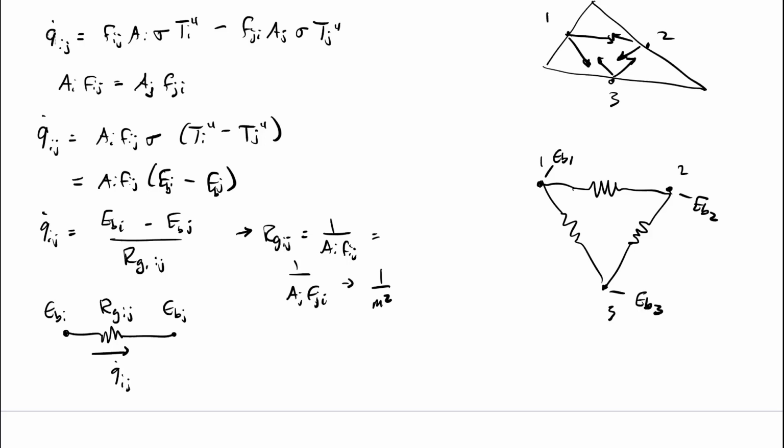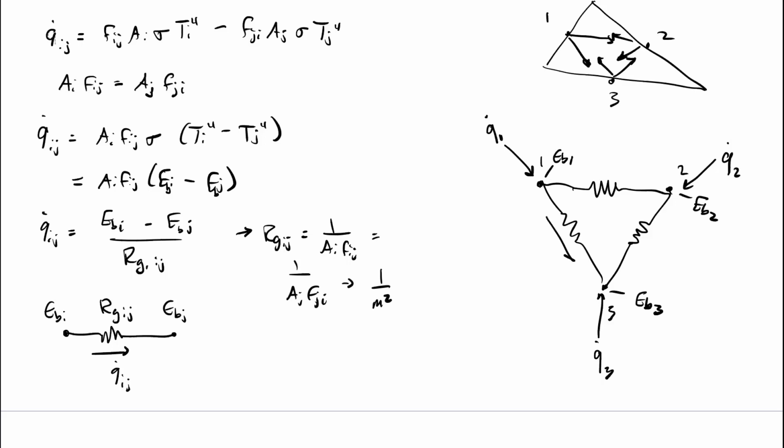We could have heat flow coming in and out of each of these nodes. Here we could have heat flow coming into 1, here coming into 2, and here coming into 3. I'm writing Q̇1, Q̇2, Q̇3 as opposed to the heat flow between nodes.